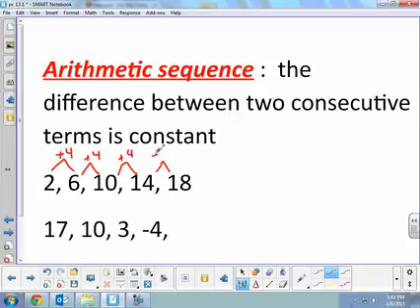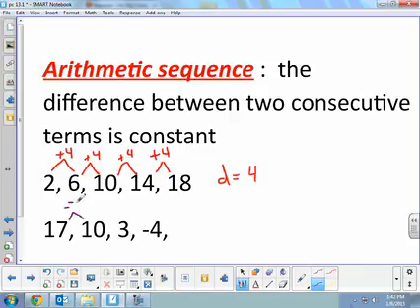You have to check and make sure it's the same amount each time. If one of those wasn't a 4, then we would say it was not arithmetic. But all of those are 4, so my common difference is positive 4.